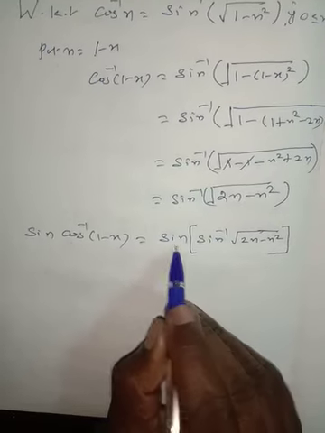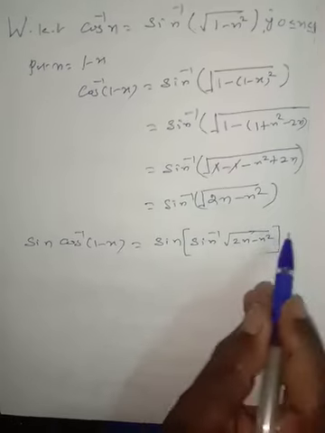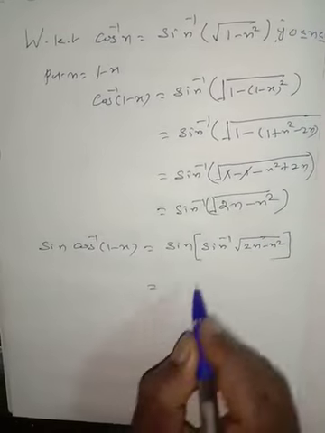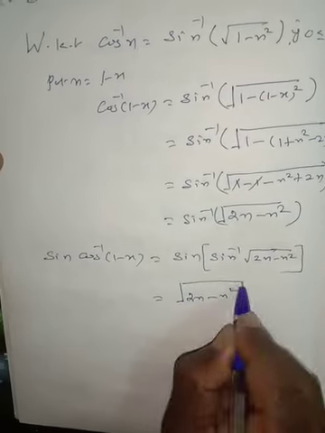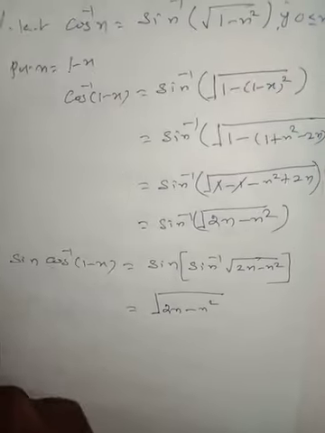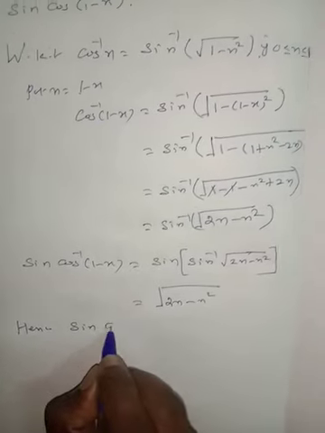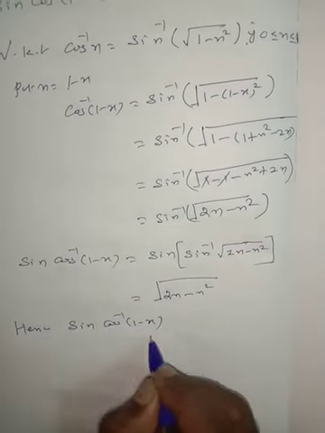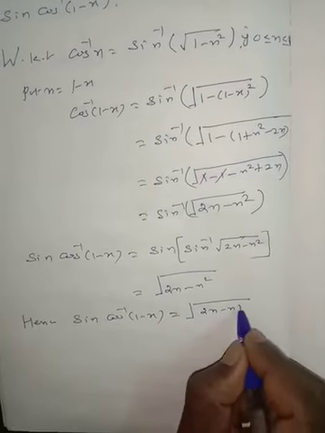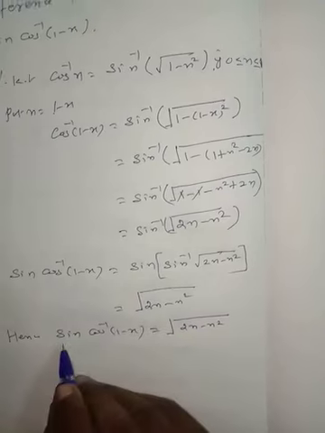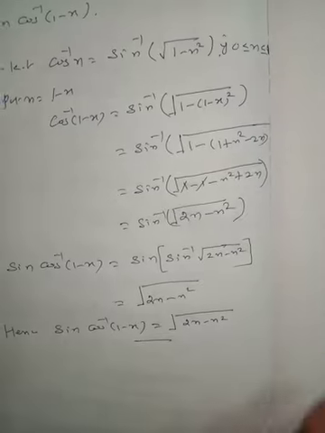We know that sin of sin inverse for all real x, answer is only square root of 2x minus x square. Hence sin of cos inverse of 1 minus x is equal to square root of 2x minus x square.